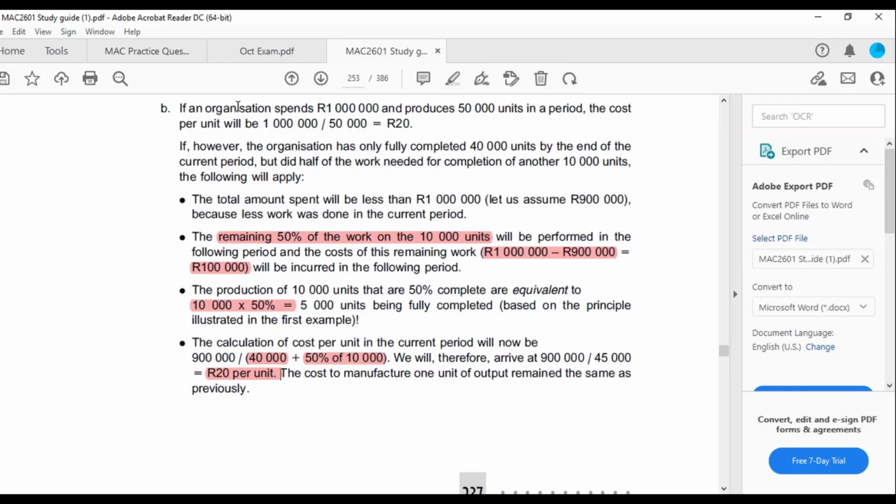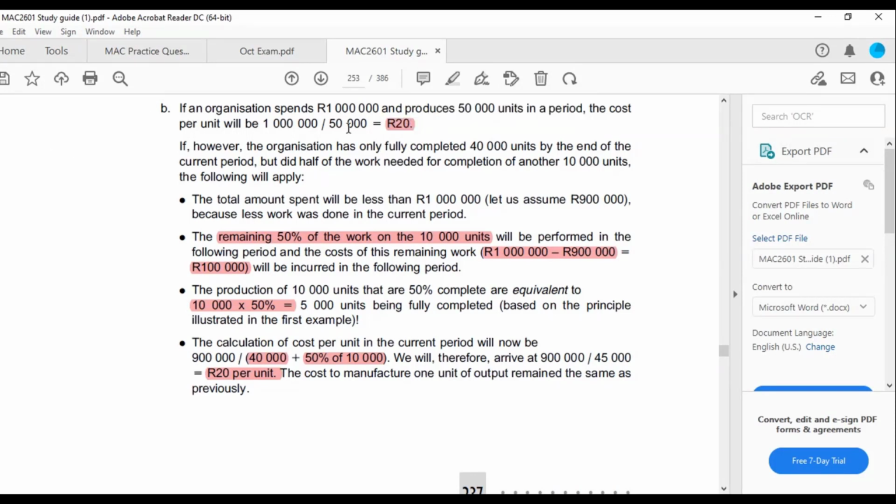If someone asks you, what is the cost per unit? What does it actually cost us to produce 1 unit? You will say, all right, in July, we produced 50,000 units that were complete. So that means it's 1 million divided by the 50,000, and I'm getting 20 Rand per unit. Are we all happy with that one?